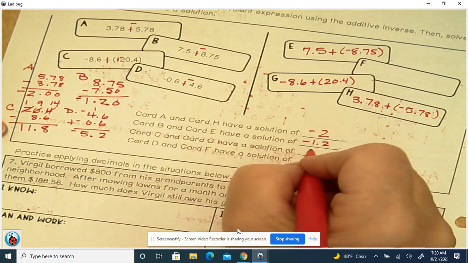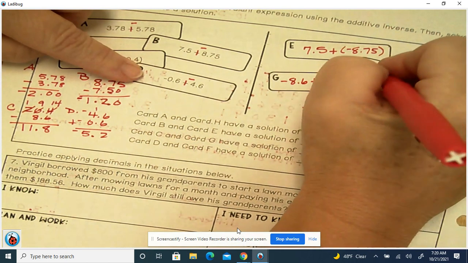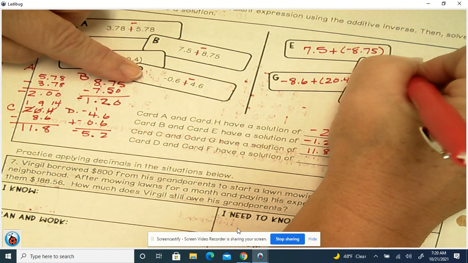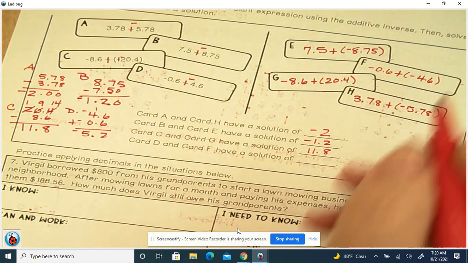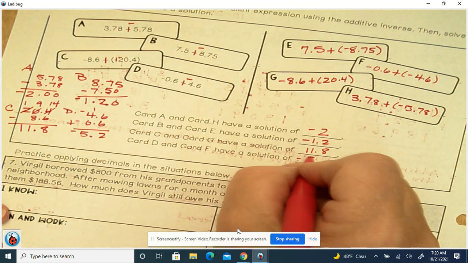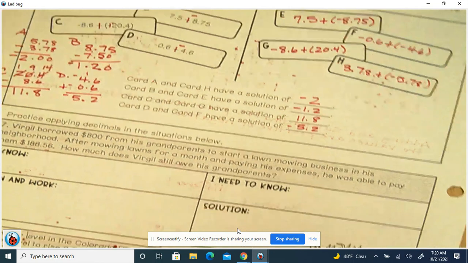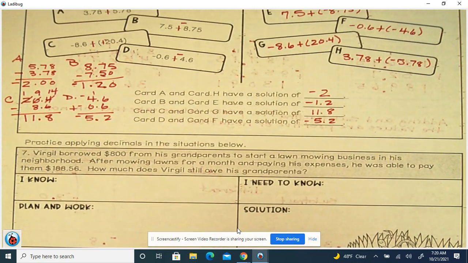And that gives us 11.8. And then D goes with F, which would be a negative 0.6 plus a negative 4.6. And that gives us a negative 5.2.